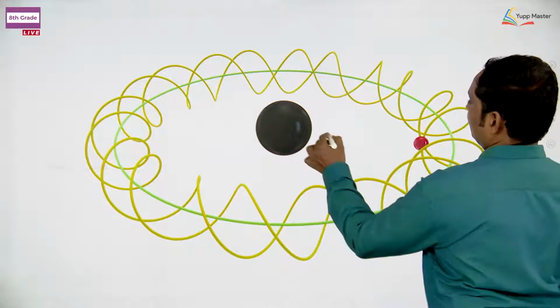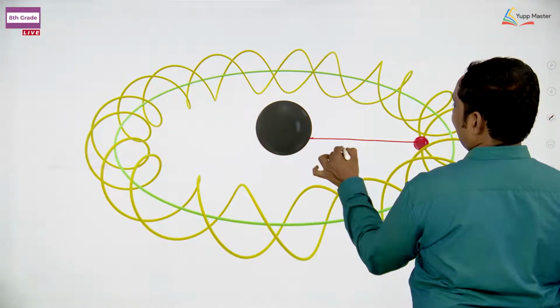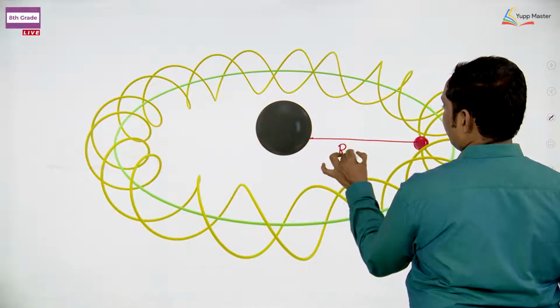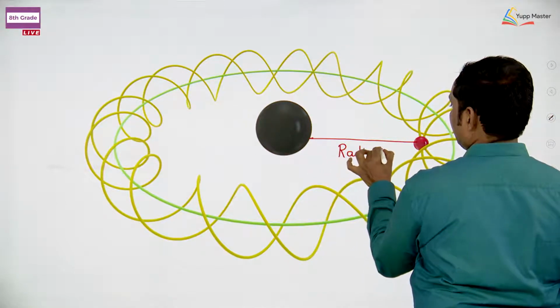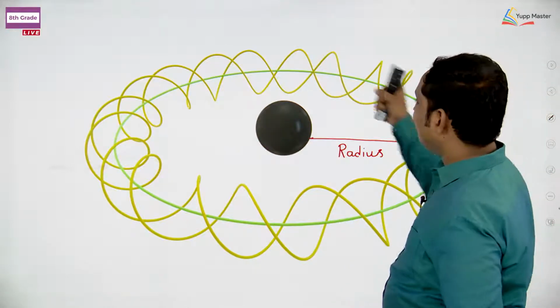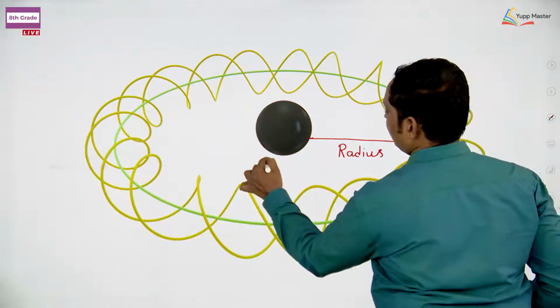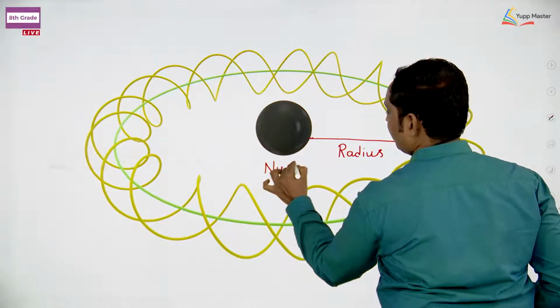So radius, you know very well about that. The radius of the orbit, it can be identified. It's going to be nucleus.